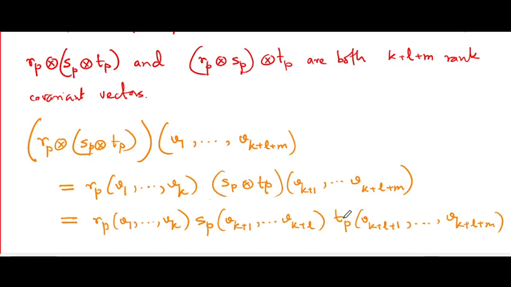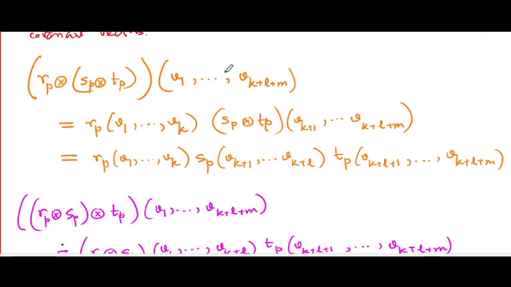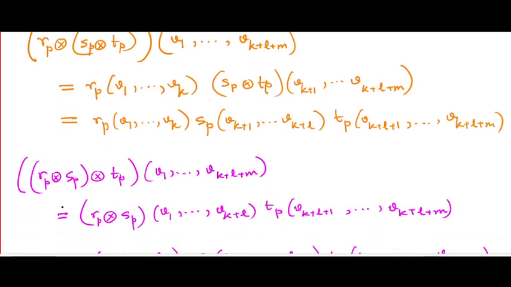Let us look at what happens when you take this particular tensor product with the brackets in a different place and feed it the same bunch of k plus l plus m vectors. Well, here Rp tensor Sp, which is actually a k plus l rank covariant tensor, eats up the first k plus l vectors of the list.